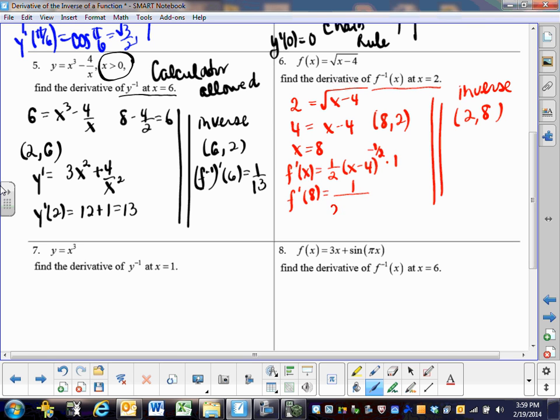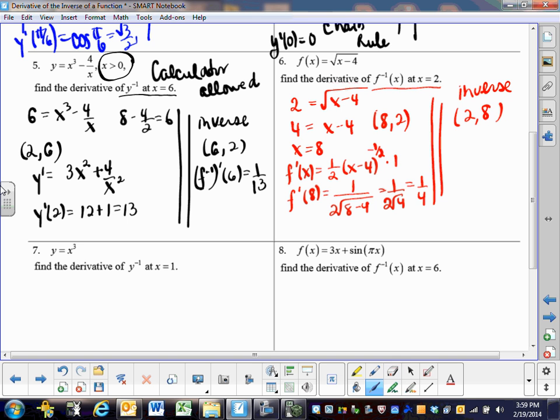So the inverse of that switches the point, so it becomes 6, 2. So the inverse derivative at 6 is the reciprocal, 1 over 13. Okay, 6 is definitely something you should expect to see by hand.